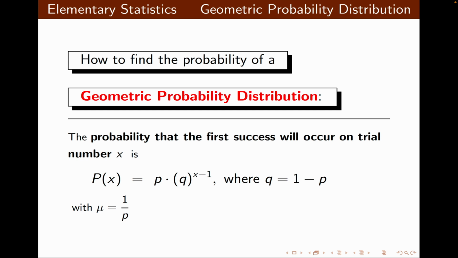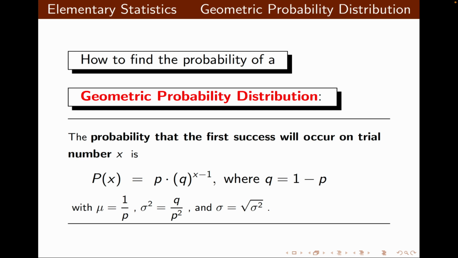The mean will be 1 over p, mu. The variance will be q divided by p squared, sigma squared. And the standard deviation, sigma, is always the square root of the variance, sigma squared.